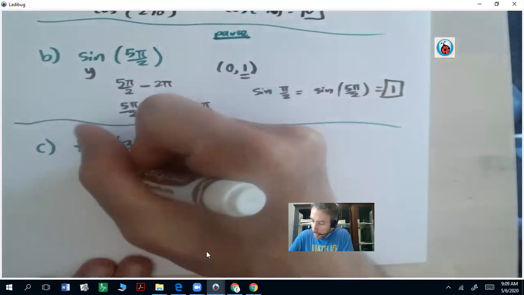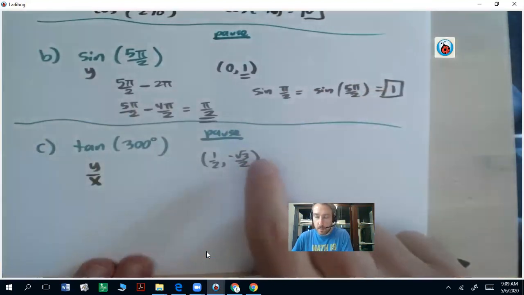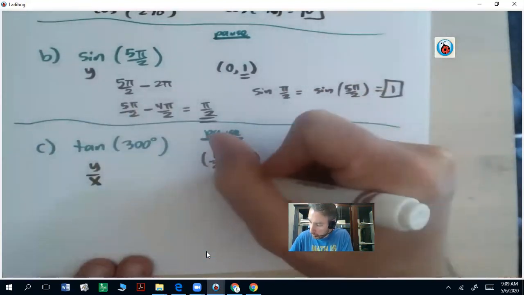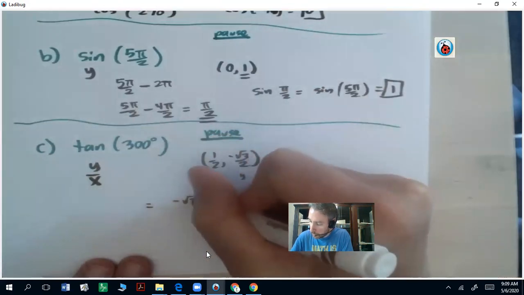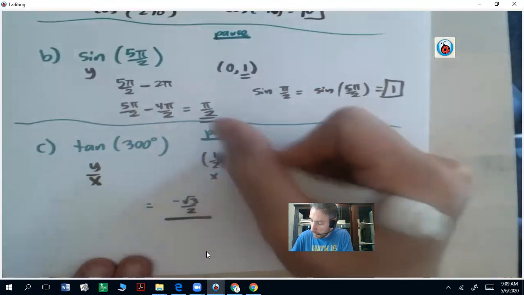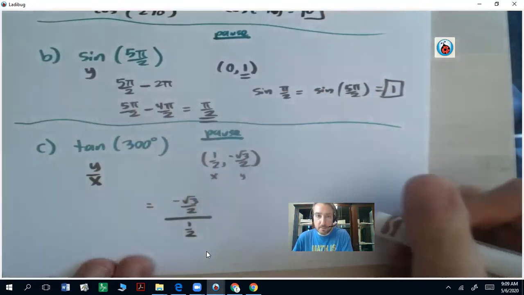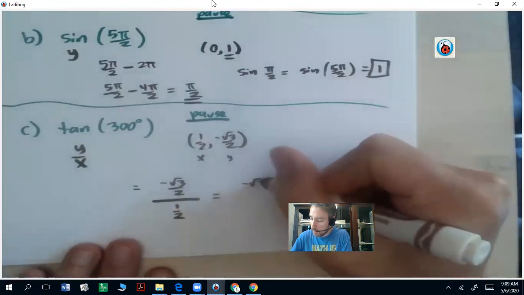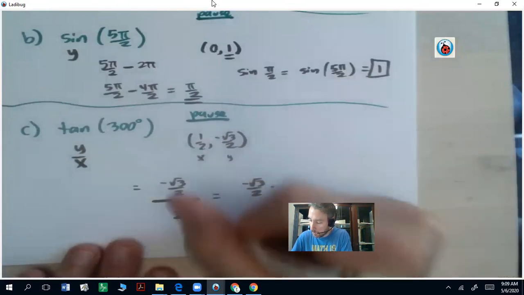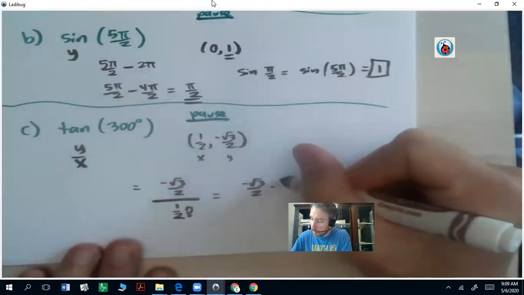Tan is y divided by x, so it's the y value, negative square root of 3 over 2, divided by the x value, 1/2. And we want to convert that to a multiplication, so negative square root of 3 over 2 times the reciprocal, 2 divided by 1.